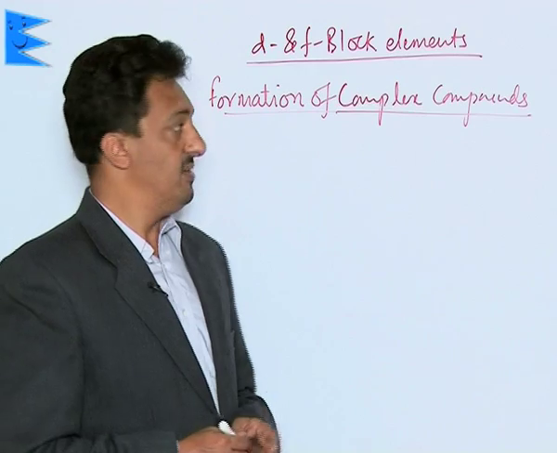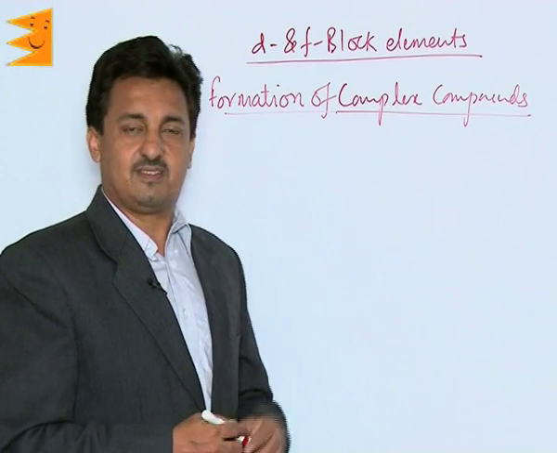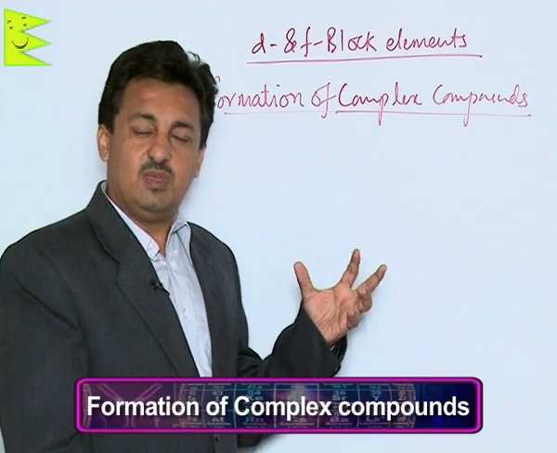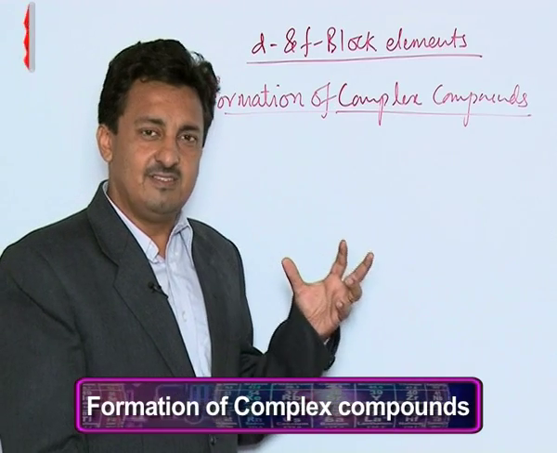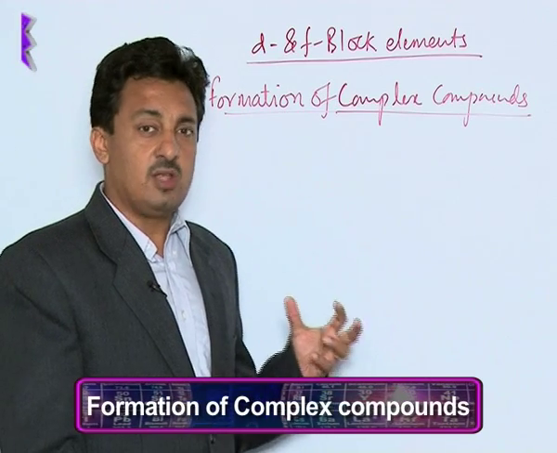Transition elements have a very high tendency of formation of complex compounds. So now let us discuss what makes them have such a high tendency of forming such a large number of complex or coordinate compounds.